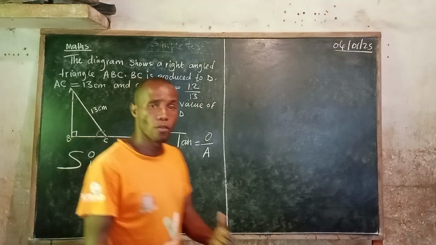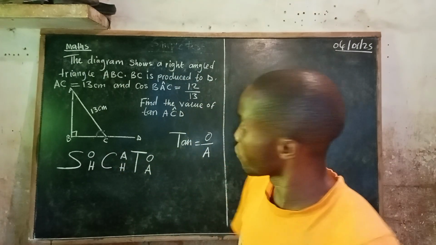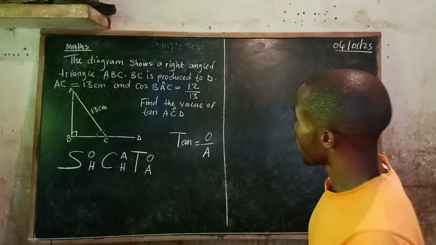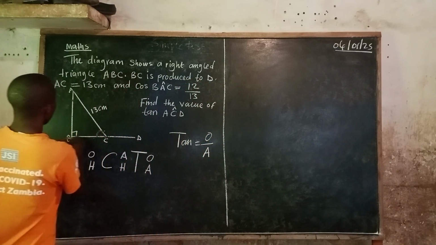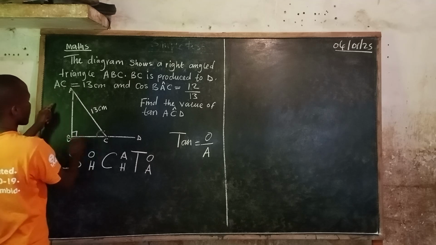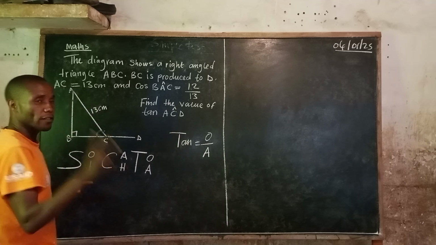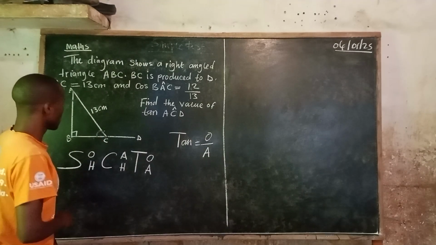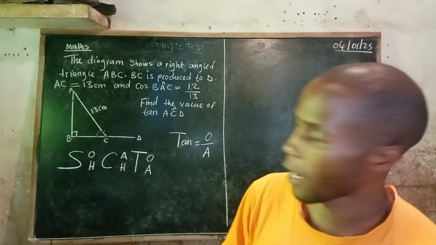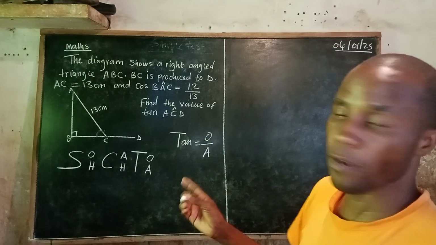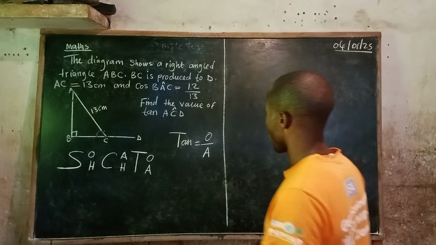So now that we don't have adjacent, what are we going to do? Here we are going to use Pythagoras theorem for us to find this side, because this is a right angle triangle and we are given two sides. So it's very easy for us to find the missing side by using what? Pythagoras theorem. That is the one we are going to introduce there.